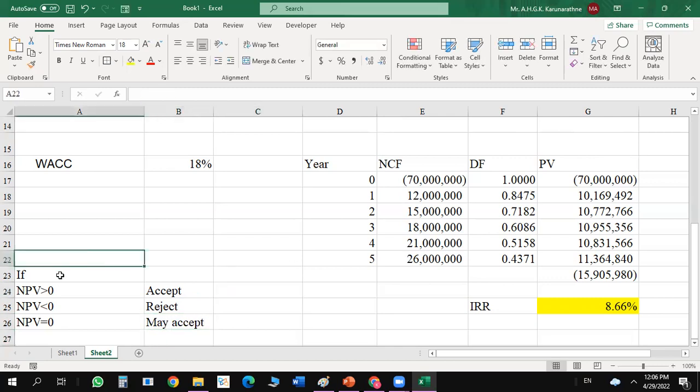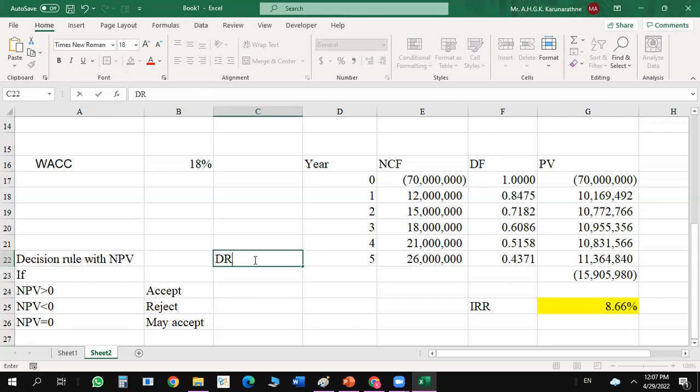Then we put here the decision rule with IRR.